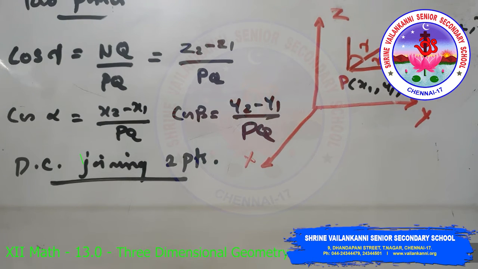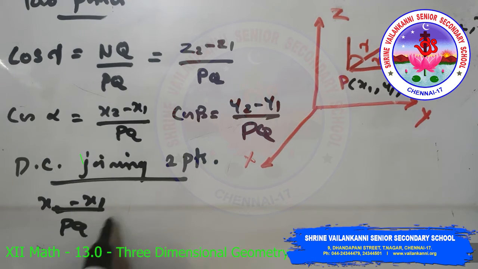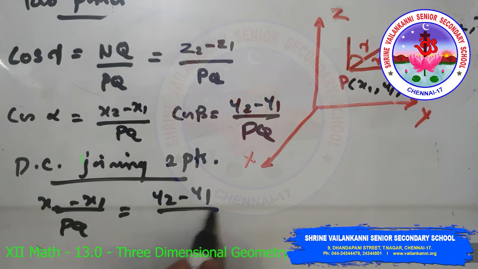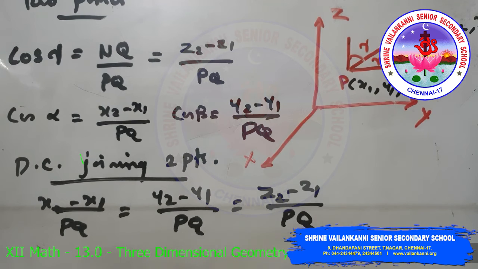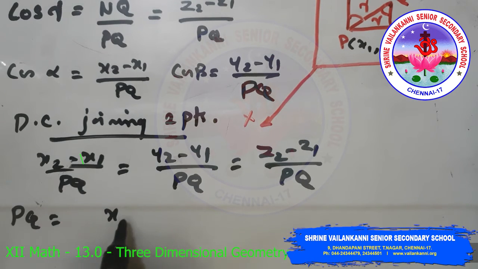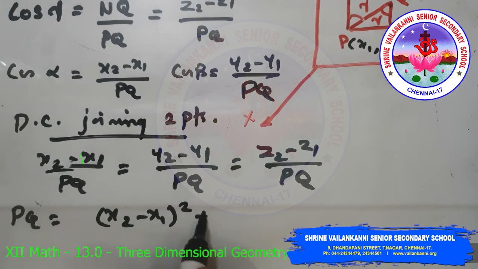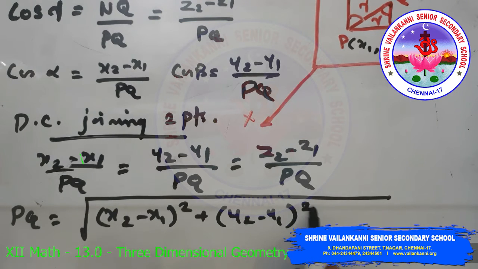Hence, the direction cosines of the line segment joining the 2 points P and Q are (x2 minus x1) by PQ, (y2 minus y1) by PQ, (z2 minus z1) by PQ, where PQ, using the distance formula, is the square root of (x2 minus x1) whole square plus (y2 minus y1) whole square plus (z2 minus z1) whole square.